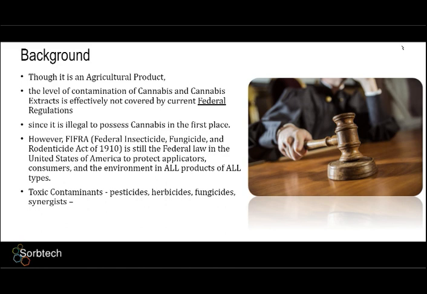And so the toxic contaminants this regulates are pesticides, herbicides, fungicides, and synergists, which are used by growers for 3 reasons: to improve their crop quality, their yield, and increase their profits.